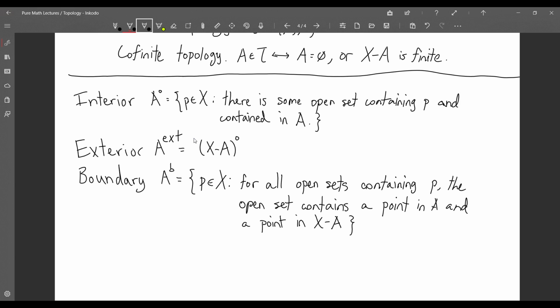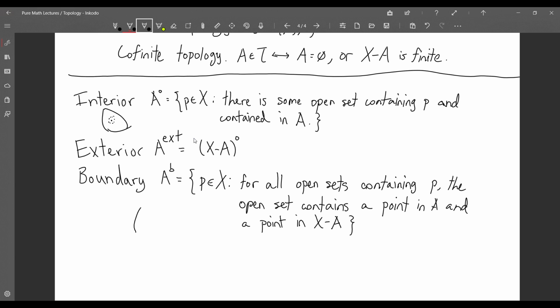So again, these words interior, exterior, and boundary are sort of used in the intuitive sense, right? With the interior, you're taking points where these open sets are going to be surrounding this point, and it's contained in your set, right?